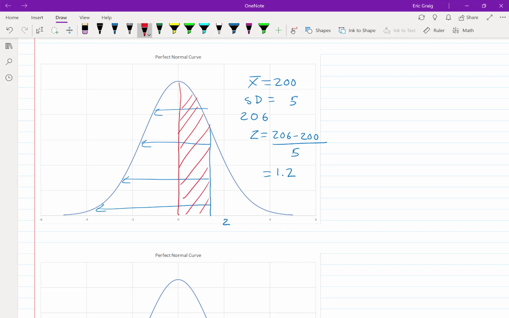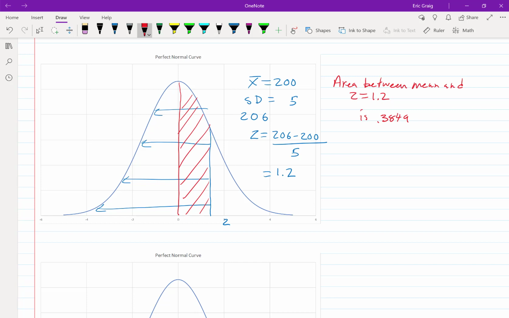That value, by the way, I'll write it over here, area between mean and z equals 1.2 is 0.3849. Go take a look at your table and you'll see that that's the case.